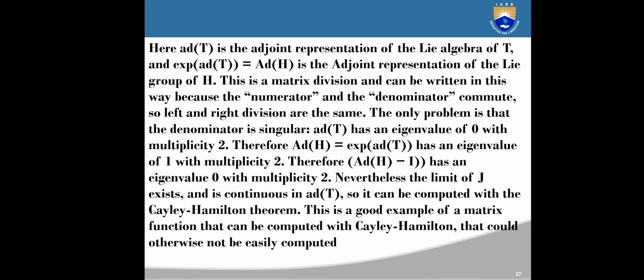Here ad of T is an adjoint representation of Lie algebra of T, and exponential of ad of T is equal to ad of H, the adjoint representation of Lie group of H. The matrix division can be written this way because the numerator and denominator commute, so left and right division are the same. This is a good example of matrix function that can be computed with Cayley-Hamilton that could otherwise not easily be computed.